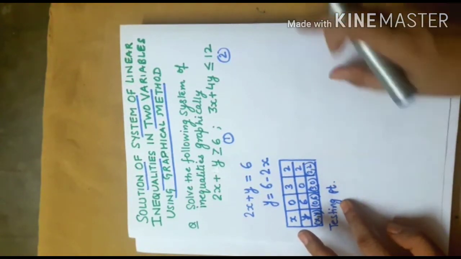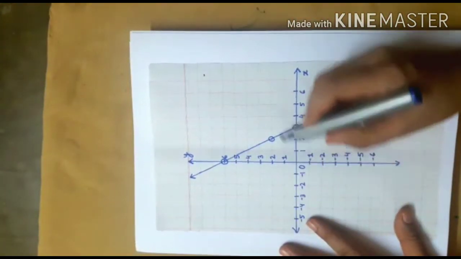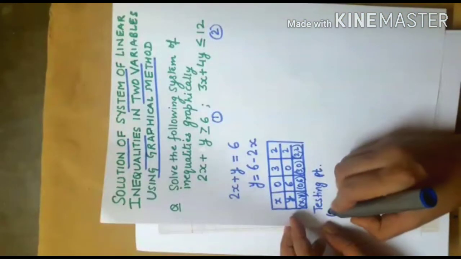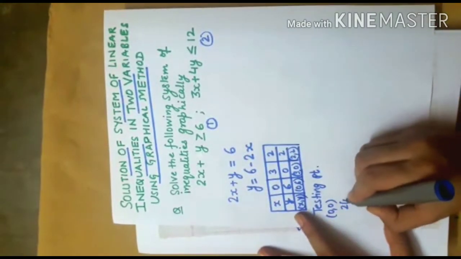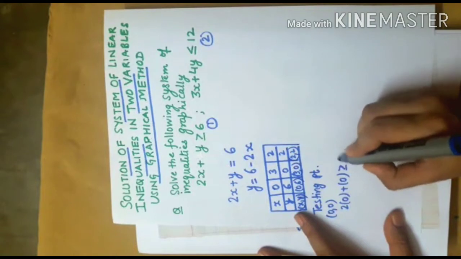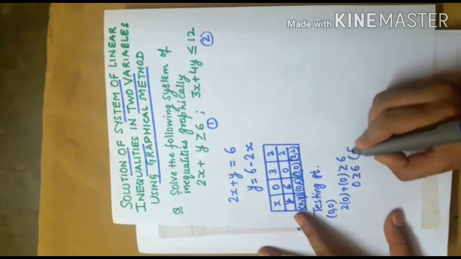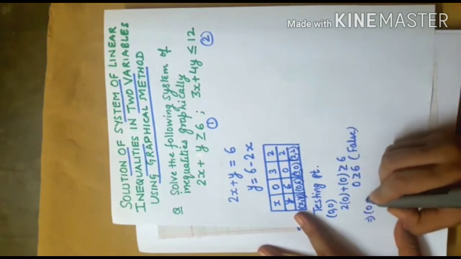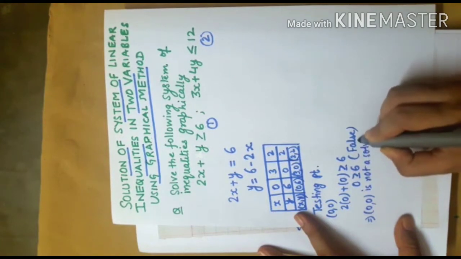Here 0 comma 0 does not lie on this line, so I take my testing point as 0 comma 0. I'll put x equal to 0 and y equal to 0 in inequality 1. I'll get 0 greater than or equal to 6. It is false. So this means 0 comma 0 is not a solution.